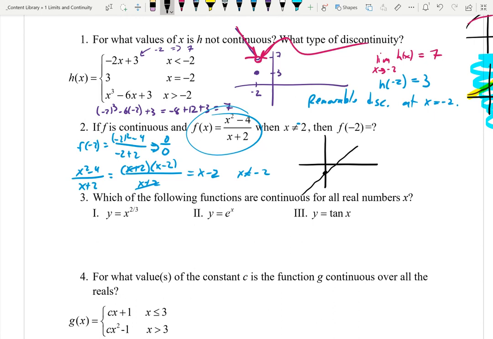It's going to go like this. Let me try to actually draw a straight line. That's better. However, at -2, something strange is going on. I get this 0 over 0. And you probably recall from your pre-calculus that when you have a common factor in the numerator and the denominator, that causes a hole in the graph.